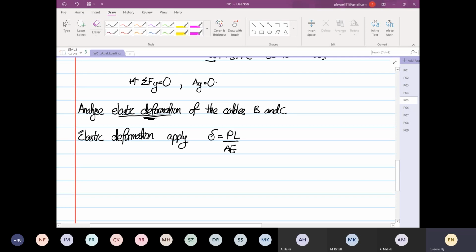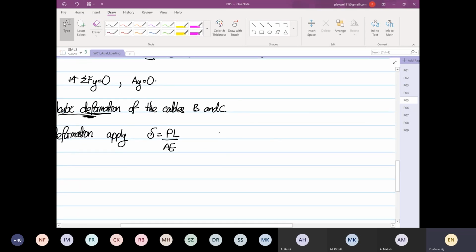So this is what we're going to use. And the notation that we're going to use is: when it's tension, the stress, the deflection, the strain, and the force are all positive. When it's in compression, the stress, the deflection, the strain, and the load are all negative. I want to highlight this. This is important.